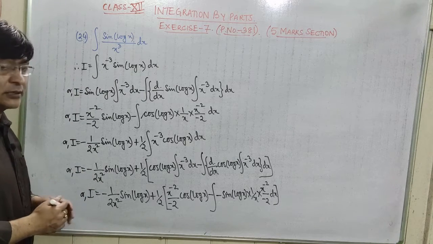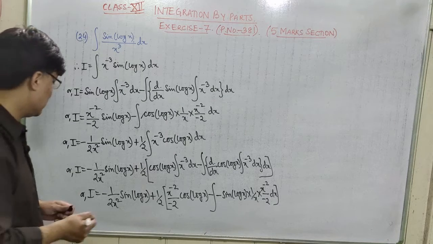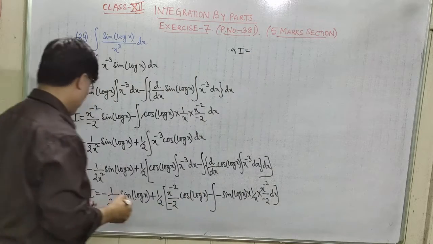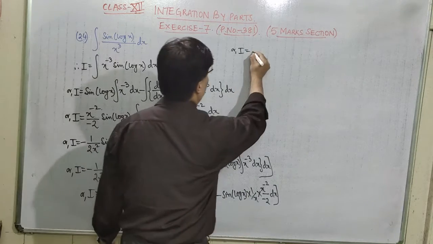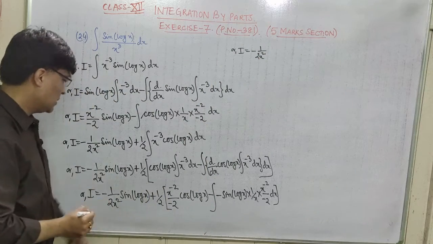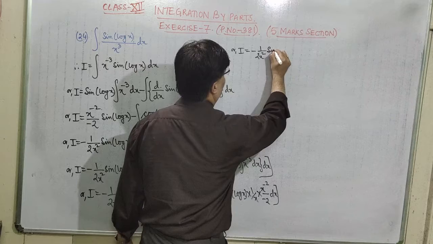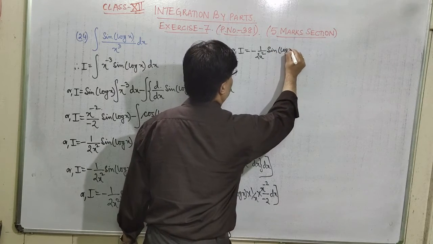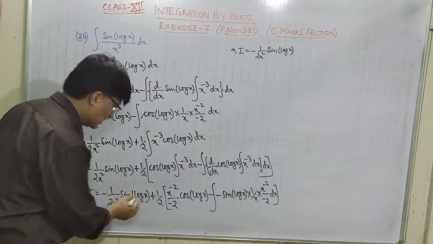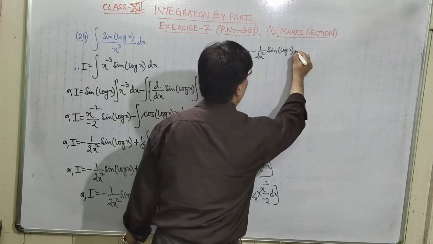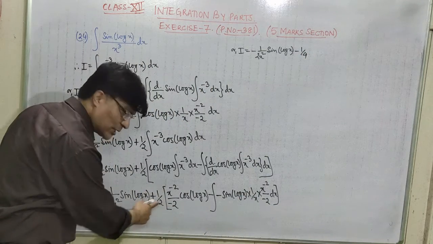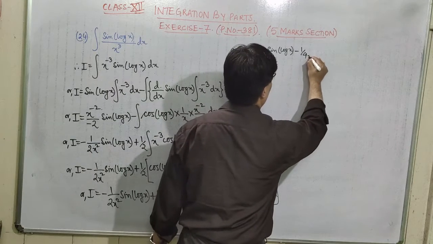Okay. So let us simplify the expression within third bracket. I is equal to minus 1 upon 2x square, then sine of log x, then let us multiply it, plus into minus, minus 1/4, isn't it? 1/4 x to the power minus 3 is taken to the denominator, so it is x square.